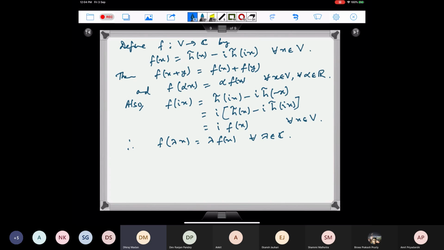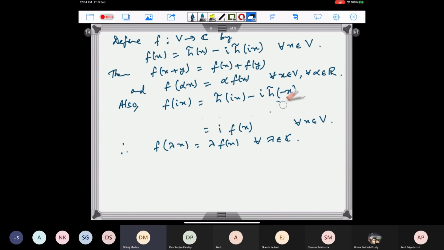Is it okay? Sir, when you have written h tilde of iota x is iota h tilde of x, why would that be true? Because h tilde was linear over the vector space V, considering it over R. I did not write h tilde of iota x as this. Maybe I should write one more line. So I am writing this as h tilde of iota x minus, this will become plus iota h tilde of x.